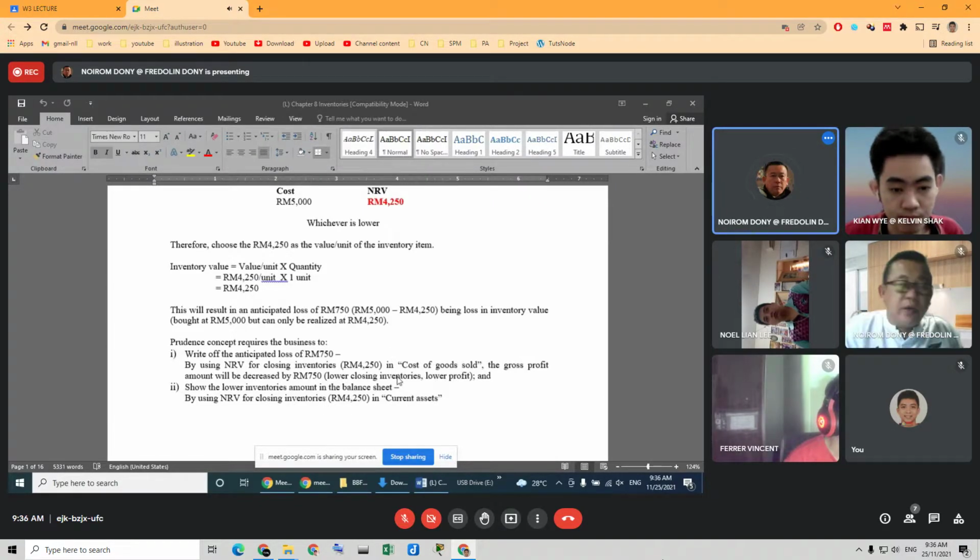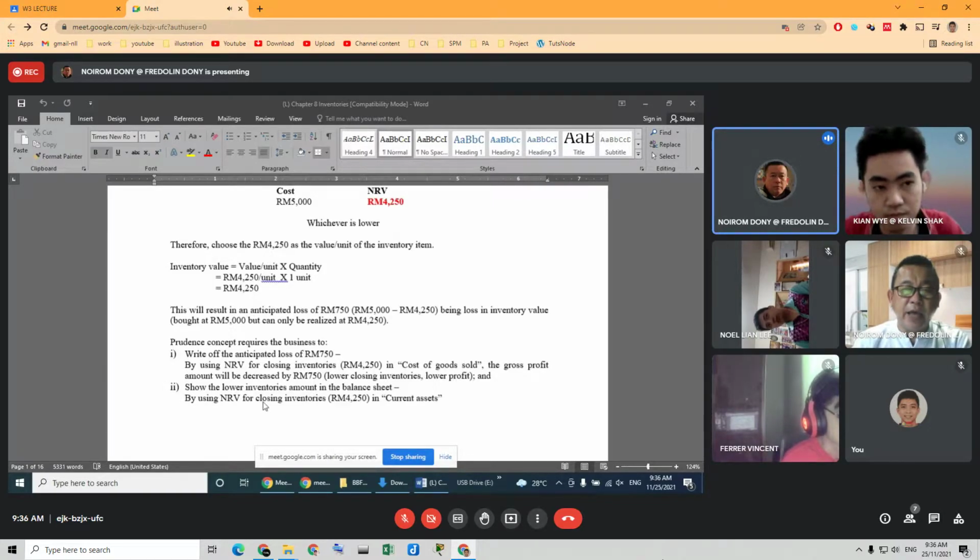So we have observed the prudence concept. That is, we write off the anticipated losses by using the NRV as the value of inventory, and by stating in the SOFP under current assets a closing inventory of 4,250.